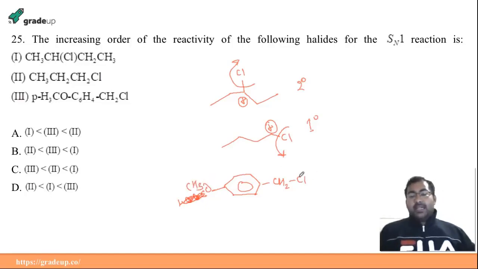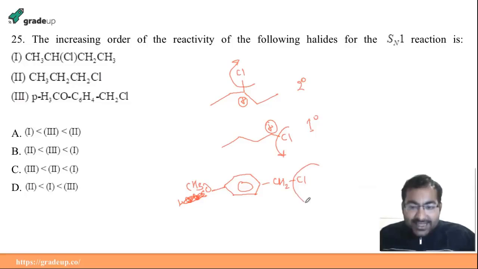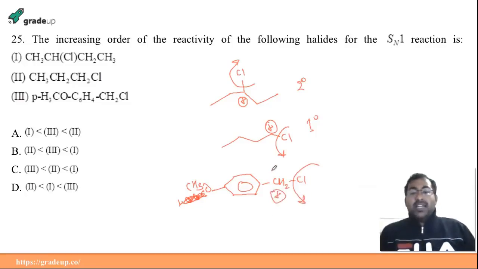So what happens in this compound, when this Cl leaves, you get a carbocation here, and this is a very stable carbocation, because from the resonance of this benzene ring, from the double bond here, this carbocation is stabilized and it moves around the ortho and para positions.